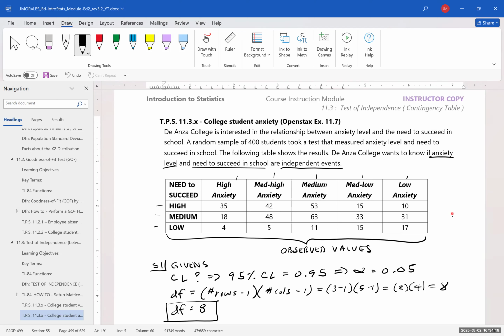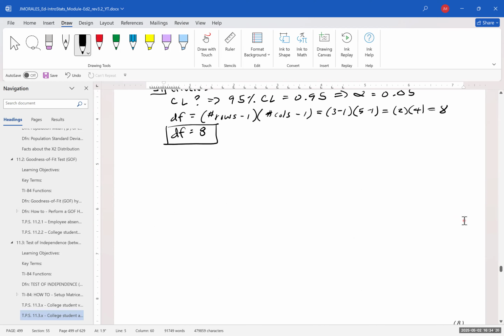Let me try, operative word is try, to scroll down. There we go. And now it's going to be step 2. This is to set up our null and alternate hypotheses.